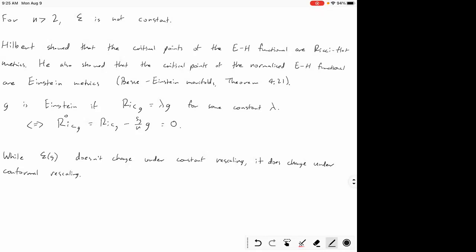So we say metric G tilde is conformal to a metric G if G tilde is equal to U times G for some smooth function U from the manifold to the positive real numbers.